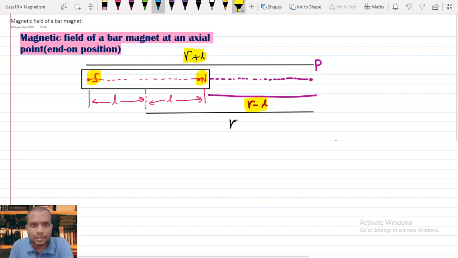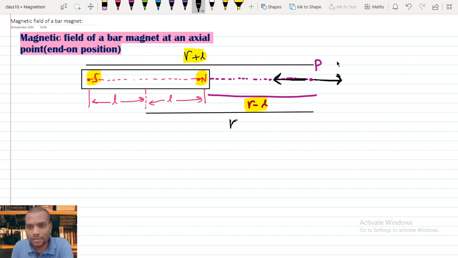Now, not only that, here we need to show the directions. Suppose at P the force due to the north pole is in this direction, and from the south pole the force is in the opposite direction.